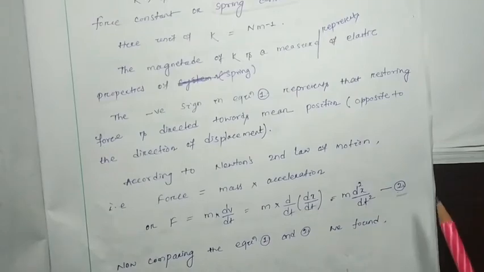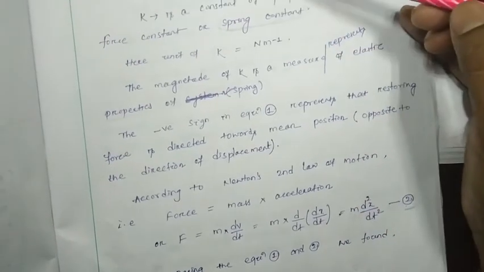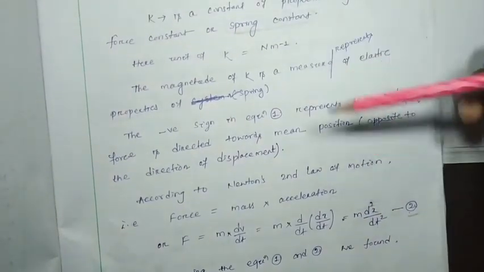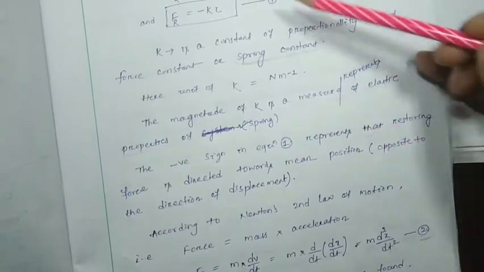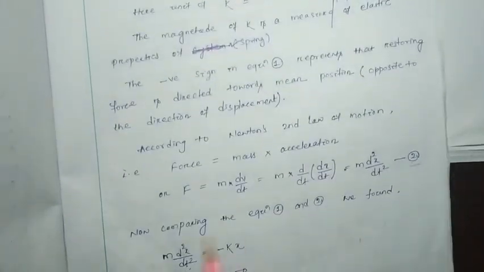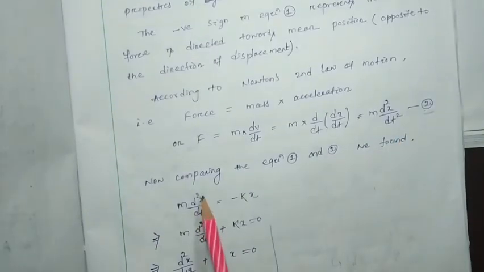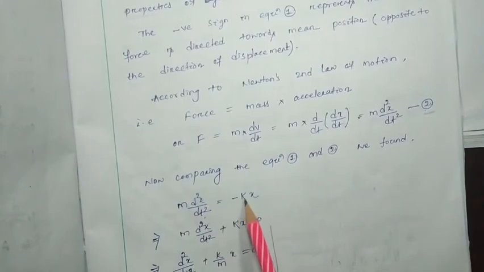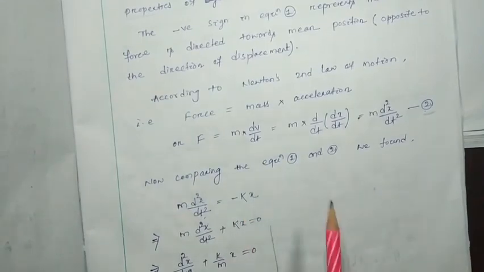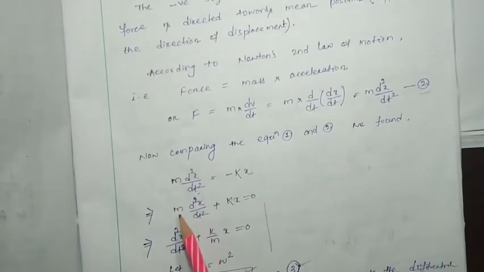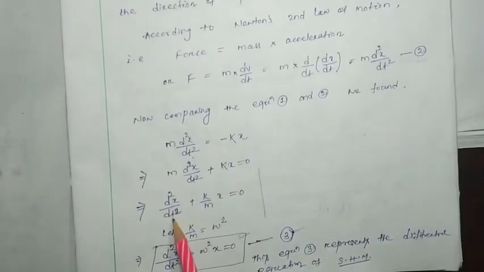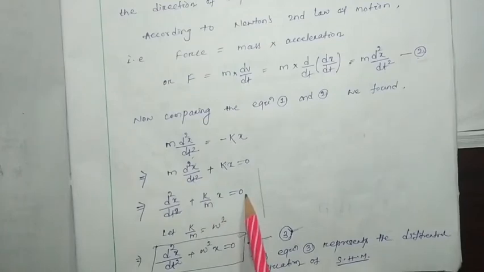Comparing both, instead of the restoring force we can write m d square x by dt square equal to minus kx. So m d square x by dt square plus kx equal to 0, that is, d square x by dt square plus k by m x equal to 0.